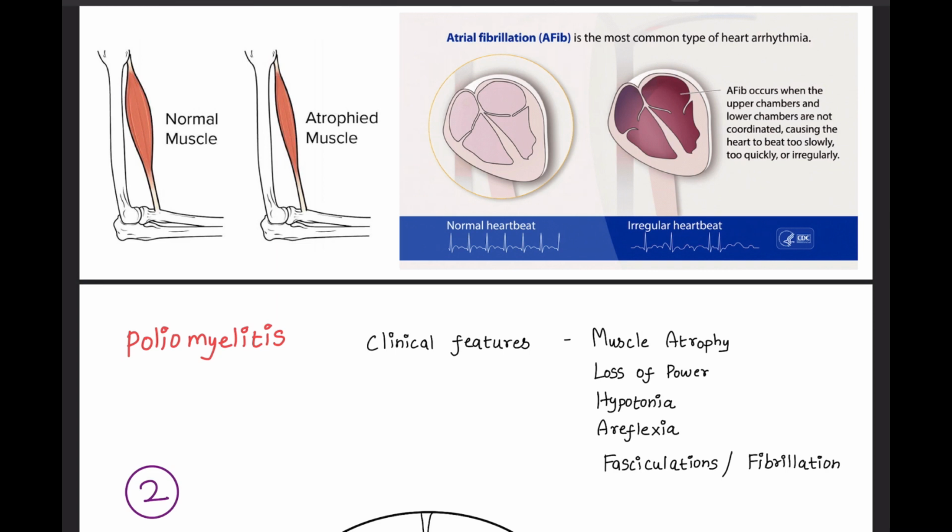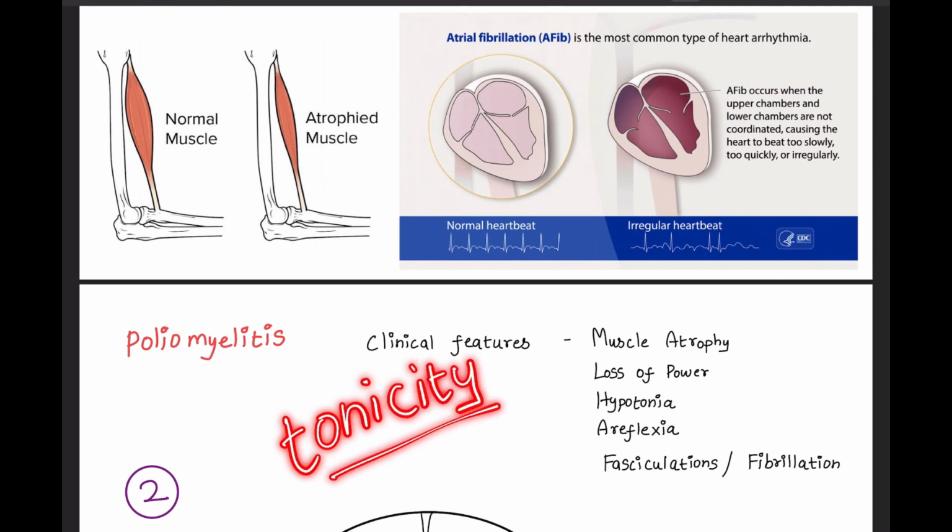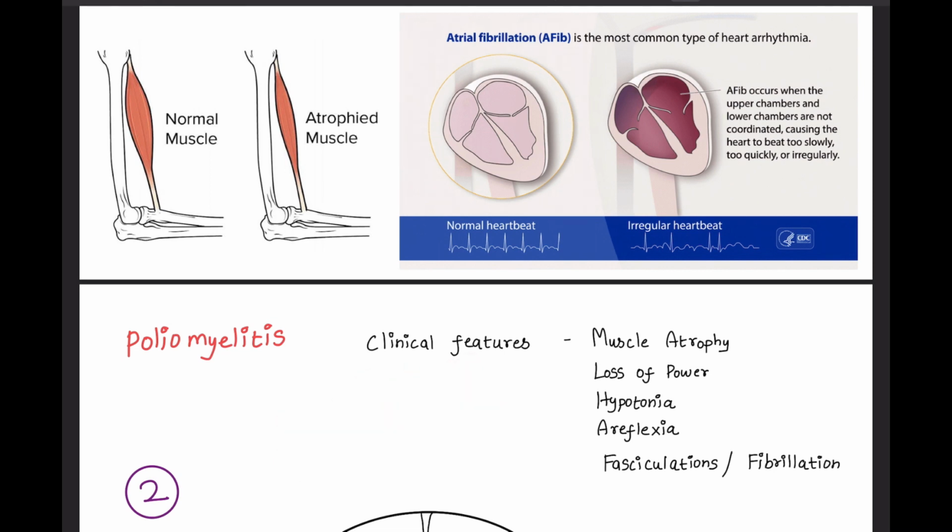If there is no rigidity and stiffness, there is no tonicity. What happens? The muscle will become floppy. The muscle becomes floppy, that means the muscle will be completely relaxed. You can see the completely relaxed state only during sleeping or in a dead person.